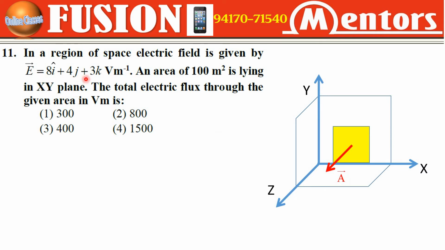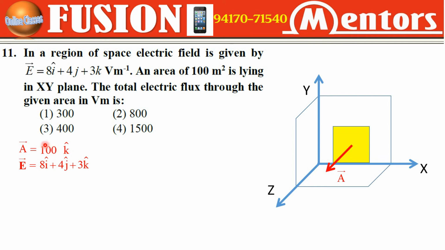The electric field has an X component, Y component as well as a Z component. So area can be written as magnitude 100, direction along the Z axis, that is k cap. Okay, now the electric field is already given. You have to take the dot product. If vectors are given in component form i cap, j cap, k cap, then while taking the dot product you need not use cos theta.